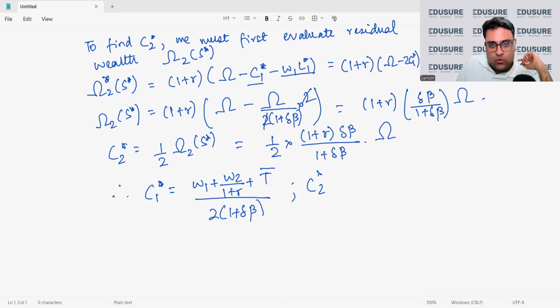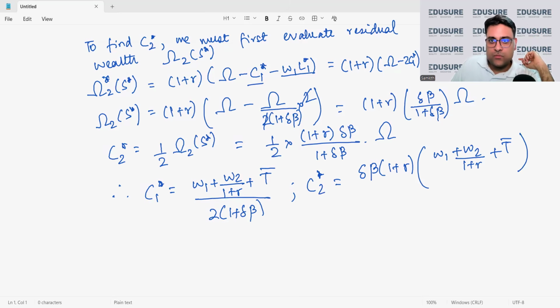And C2 star is equal to delta beta 1 plus R, where omega is W1 plus W2 by 1 plus R plus T bar, whole divided by 2 into 1 plus delta beta.